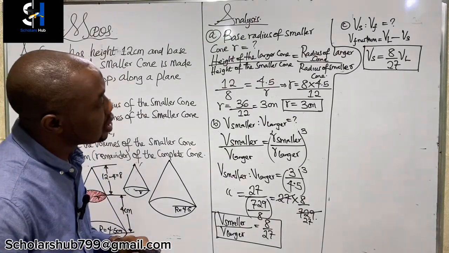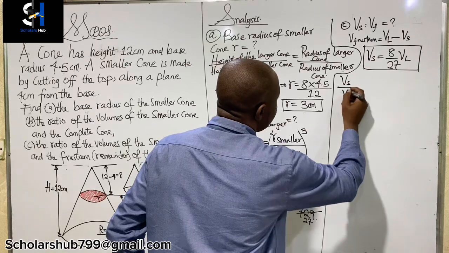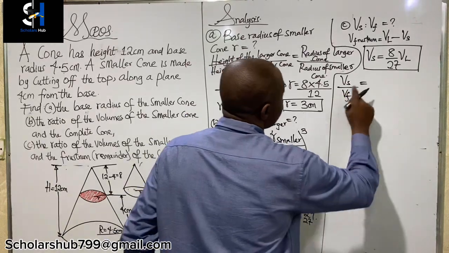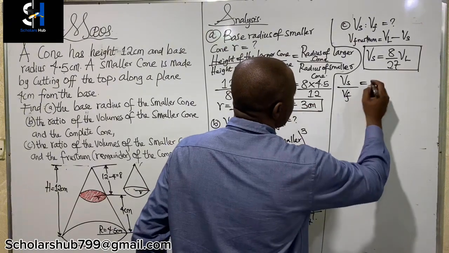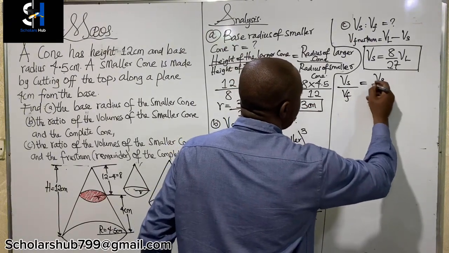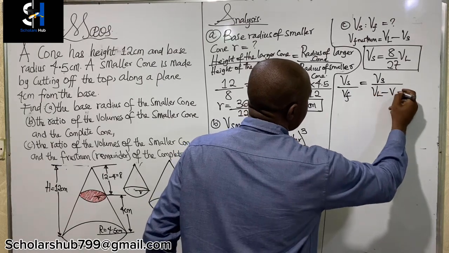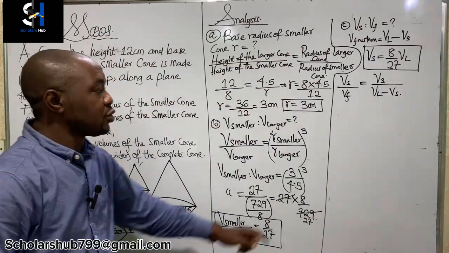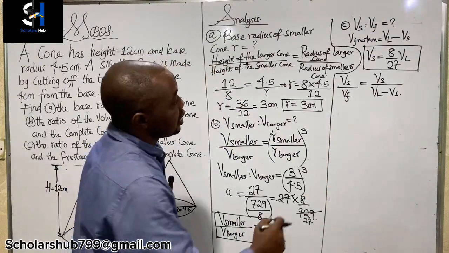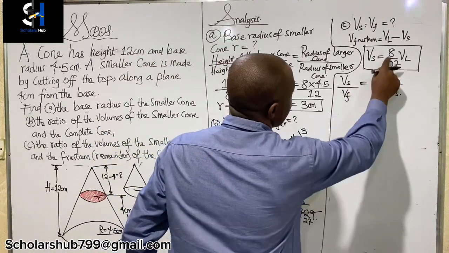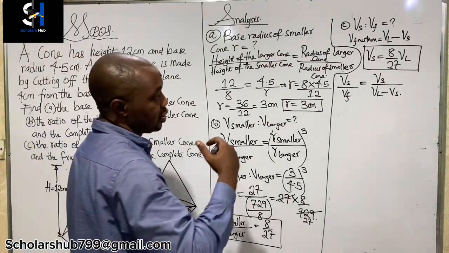So when we say Vs over Vf, that would be the volume of the smaller cone over VL minus Vs, because VL minus Vs is the volume of the frustum. We know that Vs is 8 out of 27 multiplied by the volume of the larger cone.